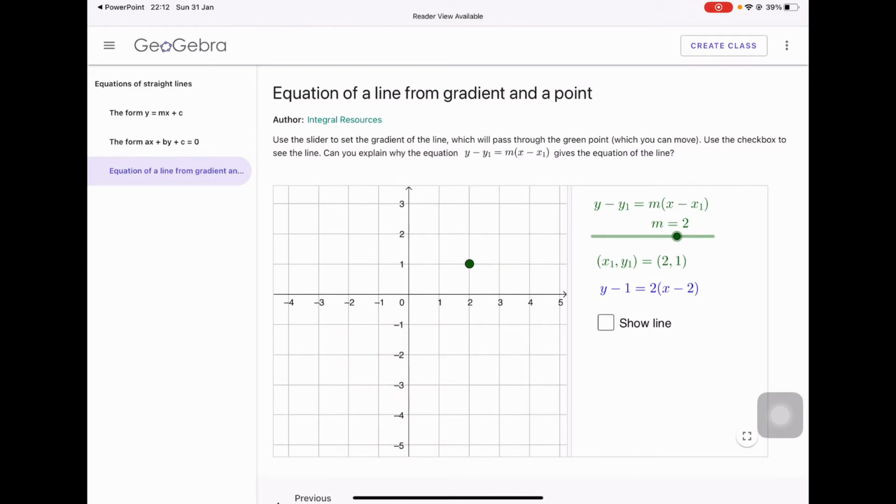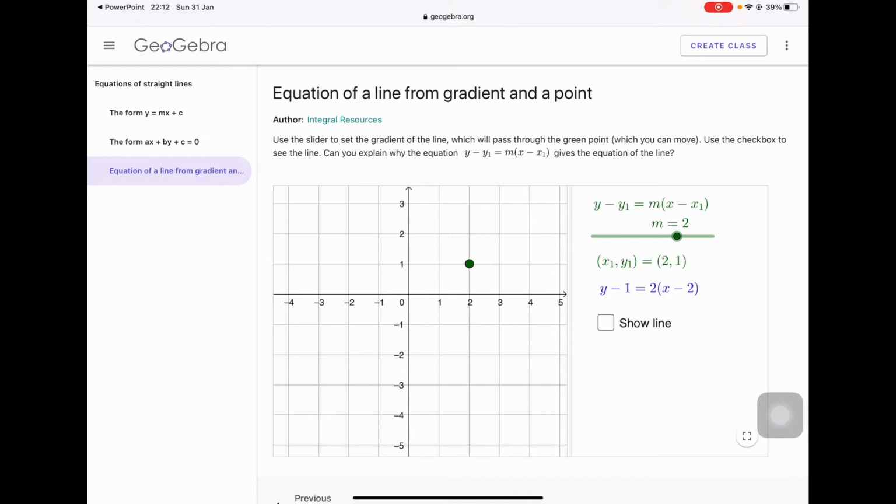Equation of a line from gradient and a point. So, as you guys know, m equals change in y over change in x. So if you multiply both sides by change in x, you get this equation, y take away y1 equals m multiplied by x take away x1.